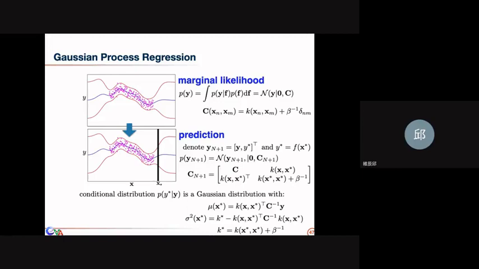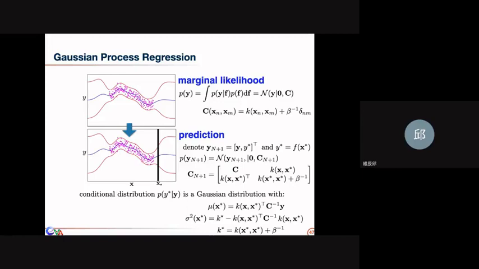Given such a distribution over y n plus 1, we can compute the conditional distribution for y star, which is your prediction. It is a Gaussian distribution with the mean function and the variance function written in this way.